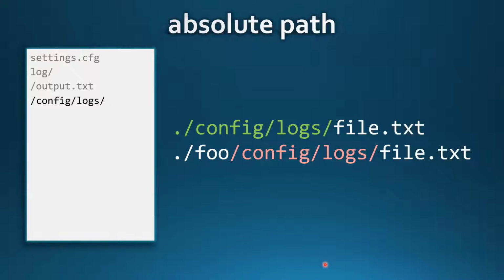Absolute path. What the preceding slash is really doing is just saying, from root, follow this path. So you can also include the absolute path of a file or a directory. In this case, config/logs is the absolute path, and all files in your root directory under config/logs will get ignored.